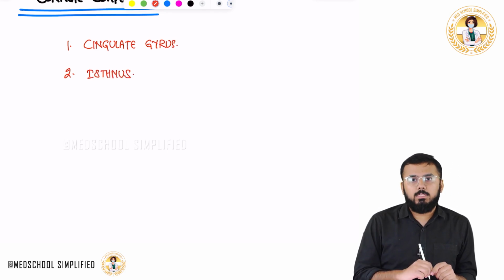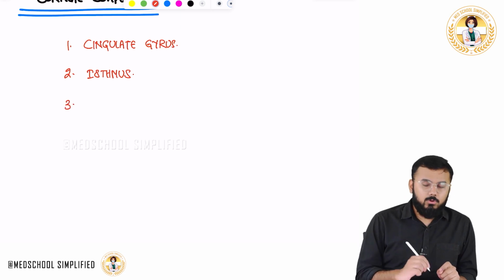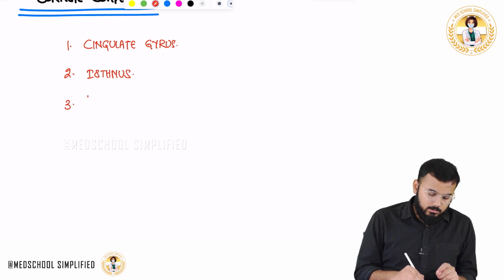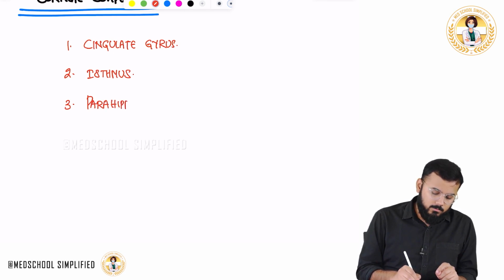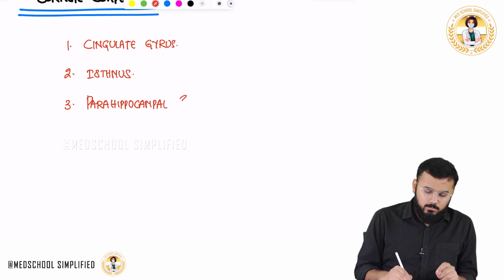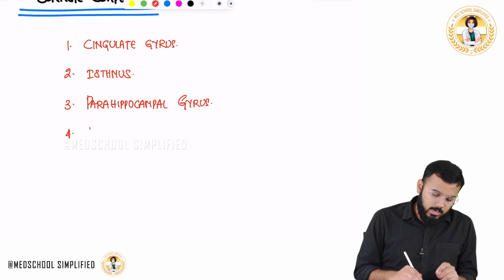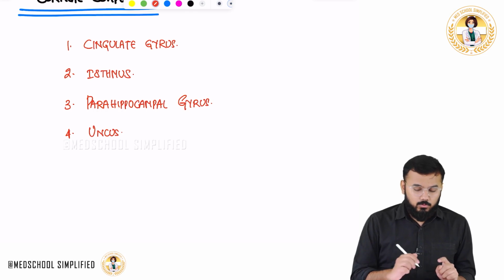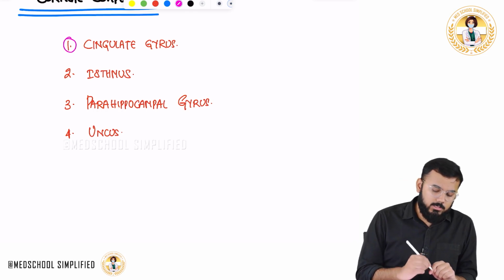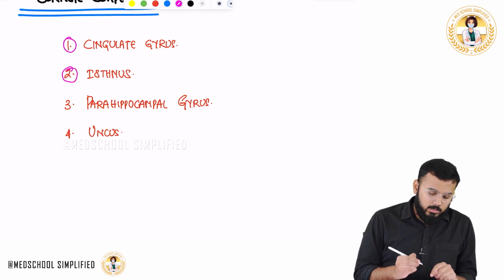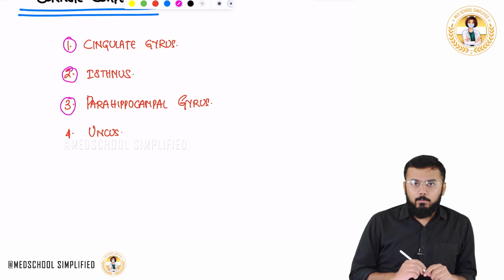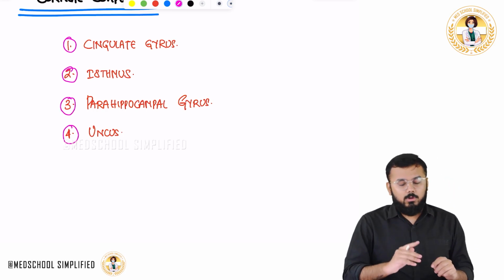The third important part is called the parahippocampal gyrus, and the fourth important part is called the uncus. So these are the four important parts: the cingulate gyrus, the isthmus, the parahippocampal gyrus, and the uncus.